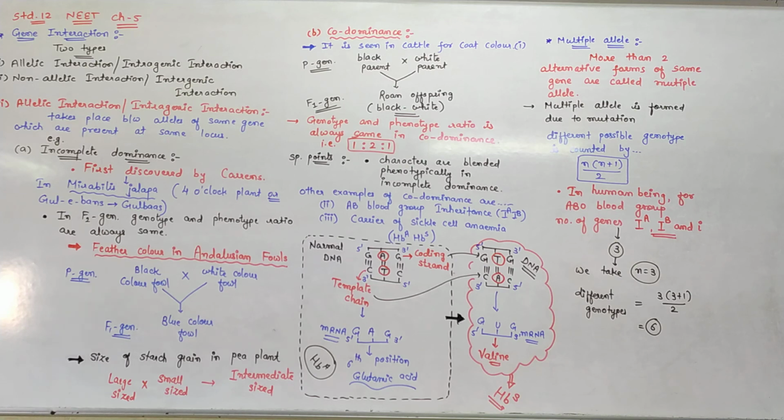IA IA, that is homozygous A blood group, and heterozygous condition IA i. 2 possibilities for A blood group. Similarly, 2 possibilities for B blood group, IB IB and IB i. For AB blood group, IA IB, and for O blood group, ii. So 6 genotypes are there, but phenotypes are 4: A, B, AB, and O. Okay, so I can stop here now. See you in the next.